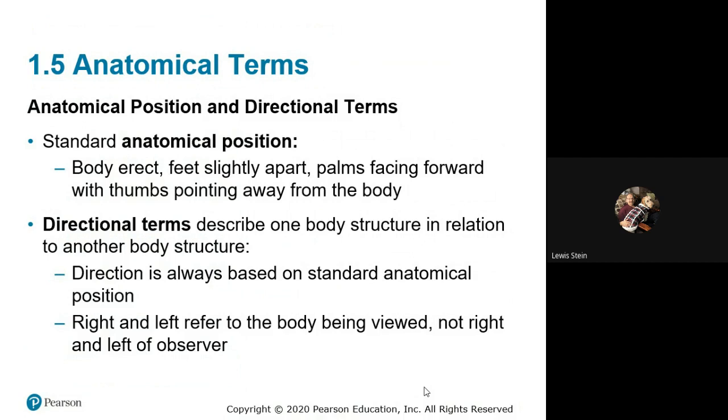Moreover, we're going to be able to divide the body based on a series of planes. Planes, just like good old geometry, you're dealing with an infinite flat surface. And there are three of them. For students who go into imaging and radiology or things like that, it's very, very significant.